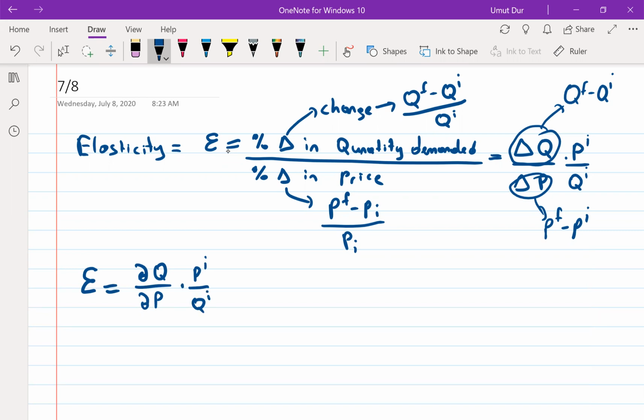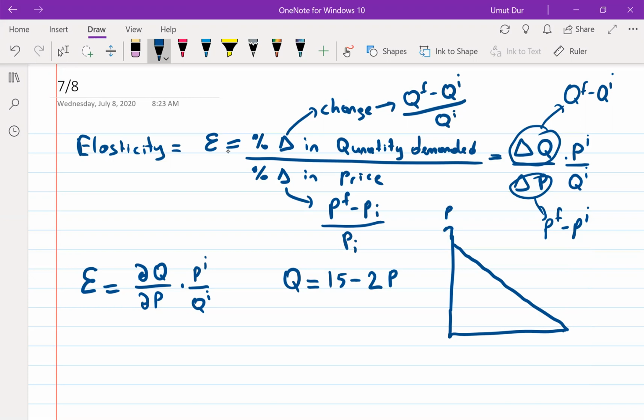For example, if you have a linear demand function, let's say 15 minus 2p, the graph of this linear demand function is as follows. It intersects the vertical axis at 15 over 2, and the horizontal axis at 15.